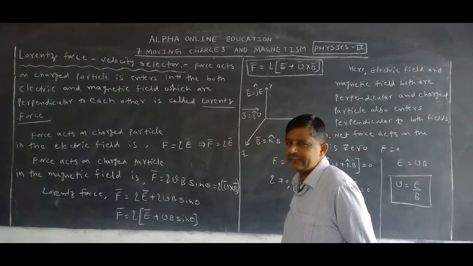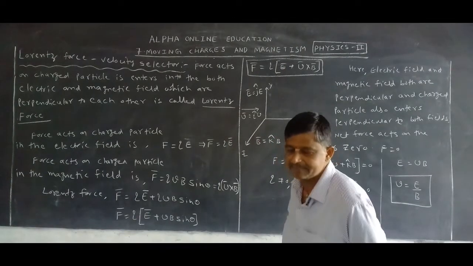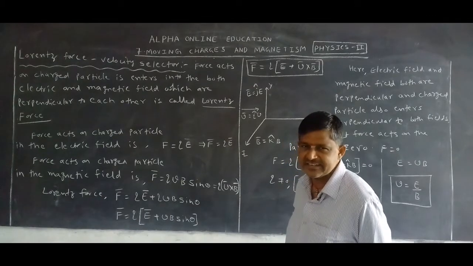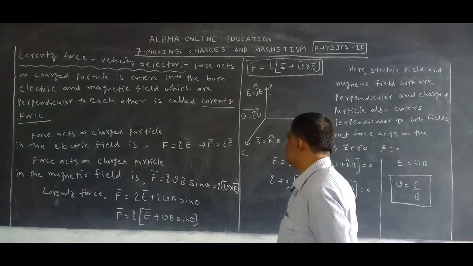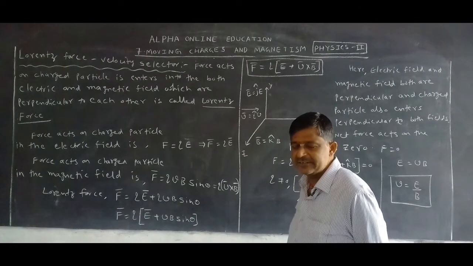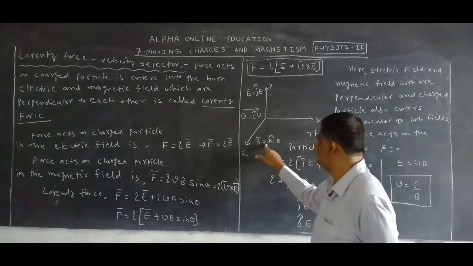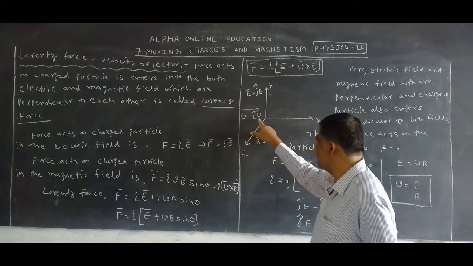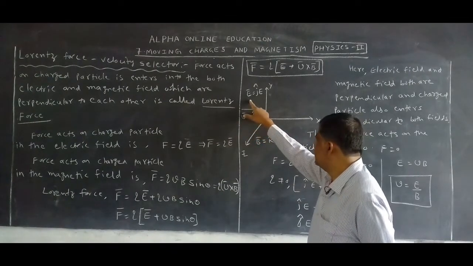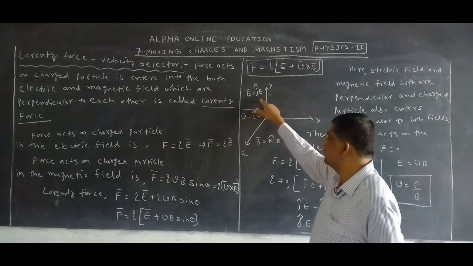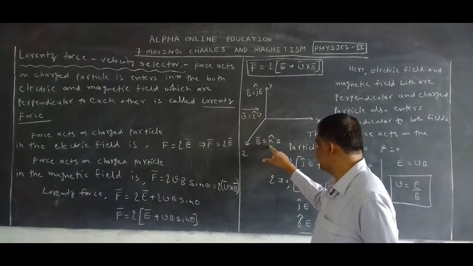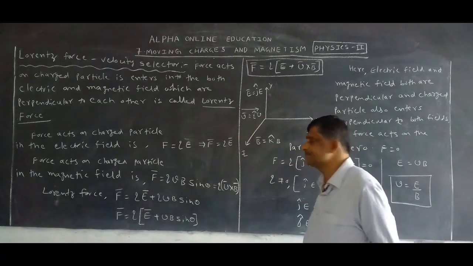We know the unit vectors along x, y, z. The unit vector along the x direction is i cap, along the y direction is j cap, and along the z direction is k cap. That's why V bar = i cap V, E bar = j cap E in the y direction, B bar = k cap B in the z direction.